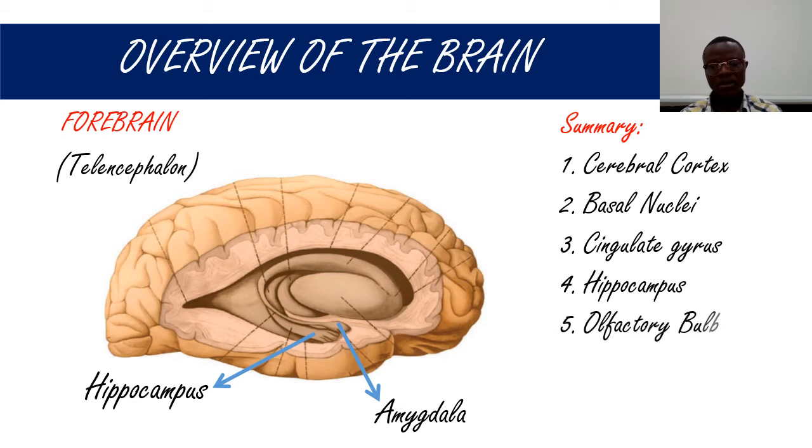These are major structures, in addition to the olfactory bulbs, that form the telencephalon. We will now turn our attention to the next division of the forebrain, which is the diencephalon.